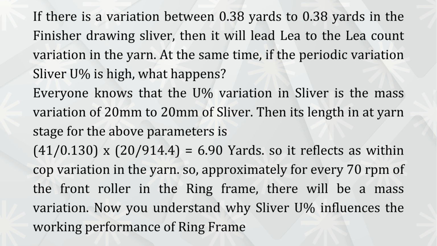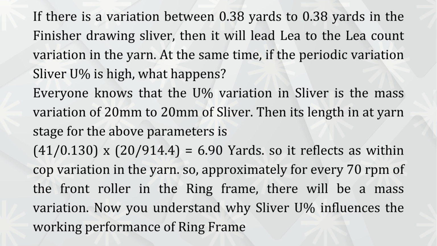At the same time, if the periodic variation, sliver U%, is high, what happens? Everyone knows that the U% variation in sliver is the mass variation of 20 mm to 20 mm of sliver cut length.